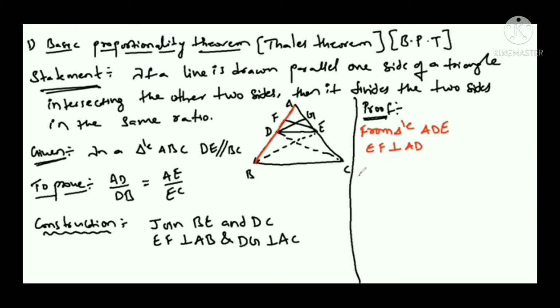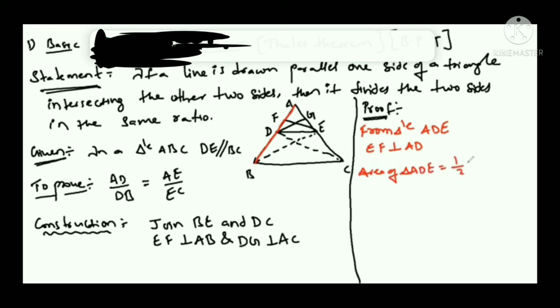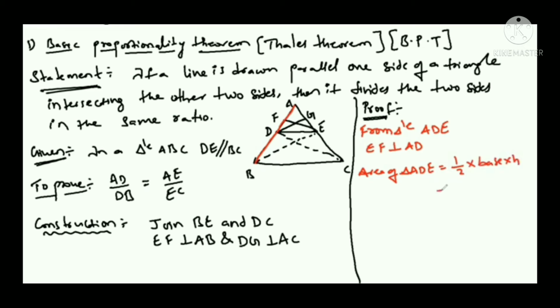Now the area of triangle ADE is equal to, what is the formula? Half into base into height. Whatever the perpendicular line is touching, that is called the base.